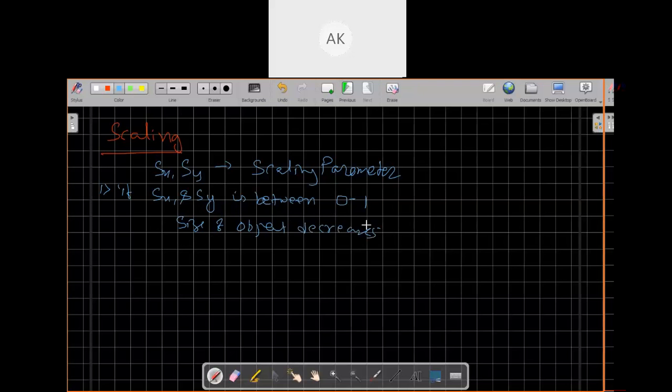First, if your sx and sy scaling parameter values are between 0 and 1, the size of the object will decrease.